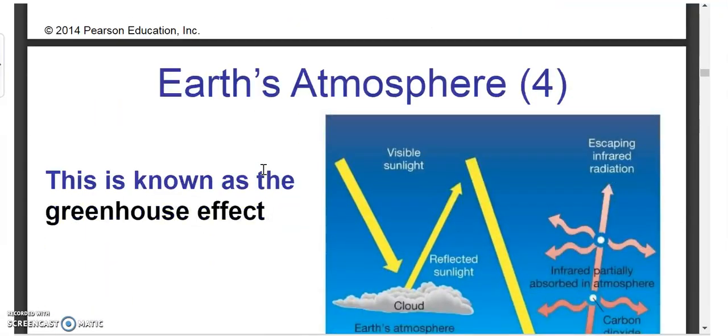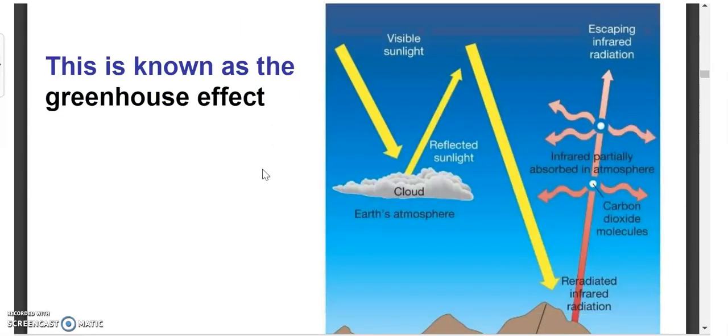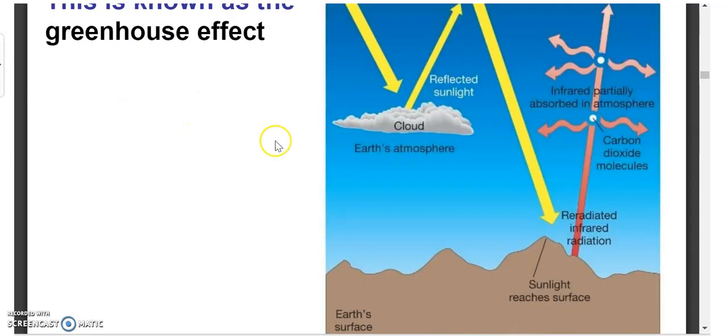All right, so why are people so concerned about the greenhouse gases? Well, see, the thing is, water vapor has this natural cycle where the water vapor comes out of the atmosphere through rain or some kind of precipitation, snow or something like that. Whereas the carbon dioxide does not.